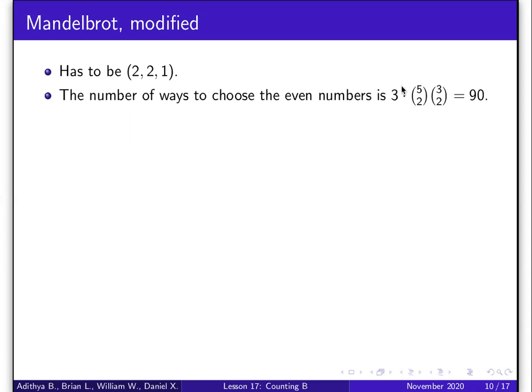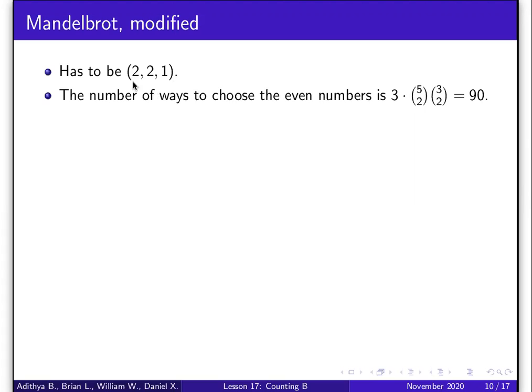So the number of ways to distribute the even numbers is 3 to first choose which set is getting 1 even number and which sets are getting 2 even numbers. And then 5 choose 2 times 3 choose 2 to finally distribute the 5 even numbers amongst the 3 sets.